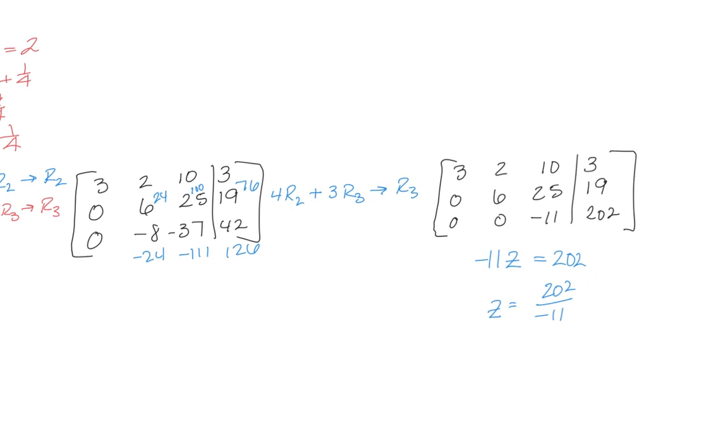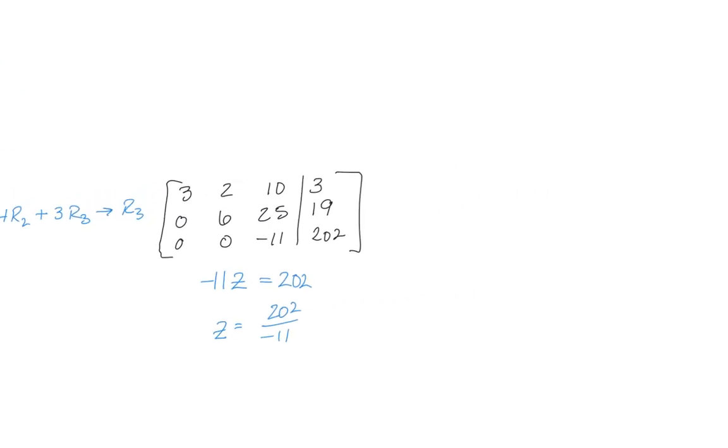Now we are going to put that into the previous row, right here: 6y plus 25 times 202 over negative 11 is equal to 19. 6y, actually I'm just going to give you the answer.